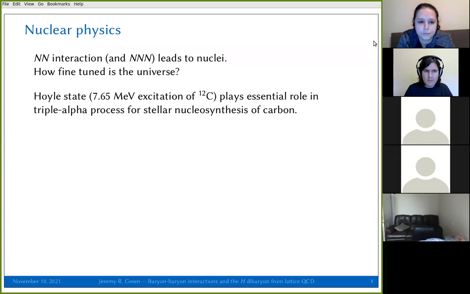There's one very famous case, the Hoyle state. This is an excitation of carbon-12, and its very finely tuned energy allows carbon to be produced in large quantities in stellar nucleosynthesis. If it was a little bit different, this would not happen at such a rate, and the abundance of carbon would be much different in the universe.